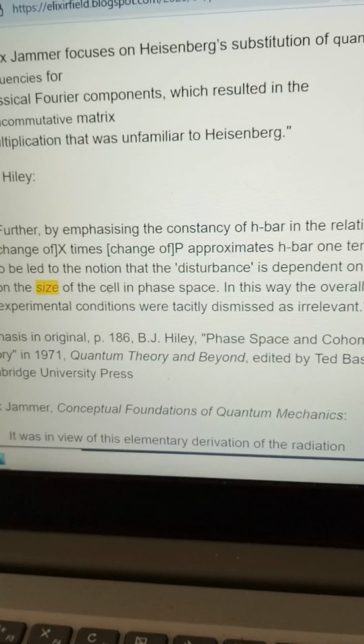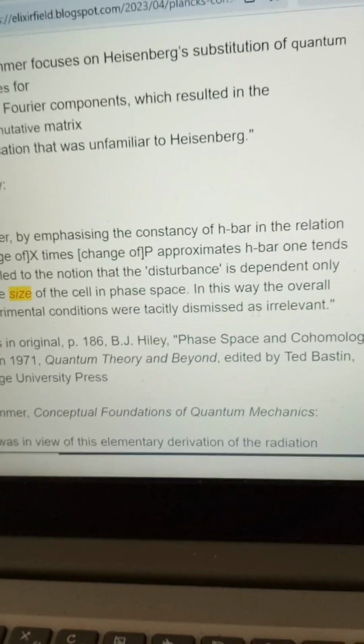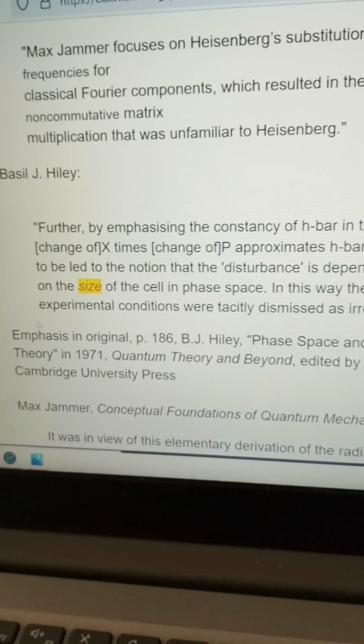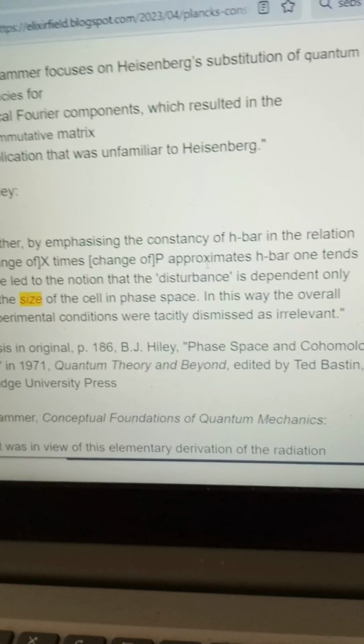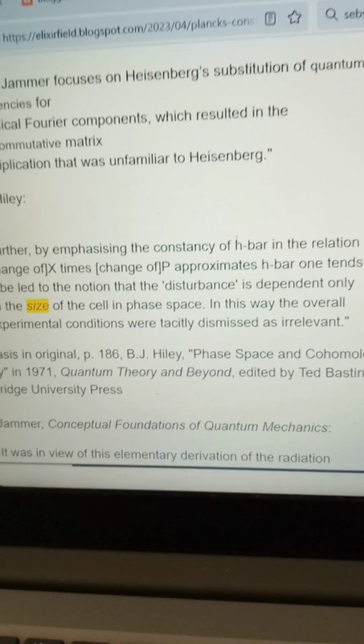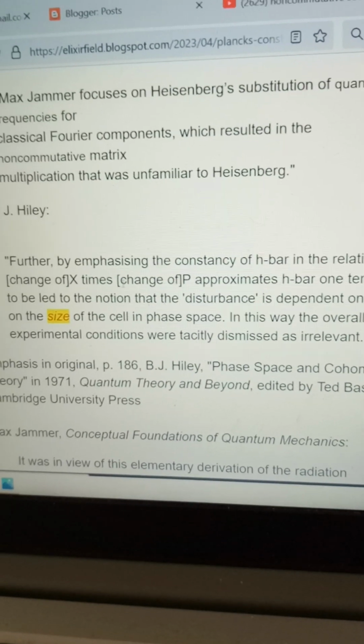In this way, the overall experimental conditions were tacitly dismissed as irrelevant. So this is Basil J. Hiley in 1971.